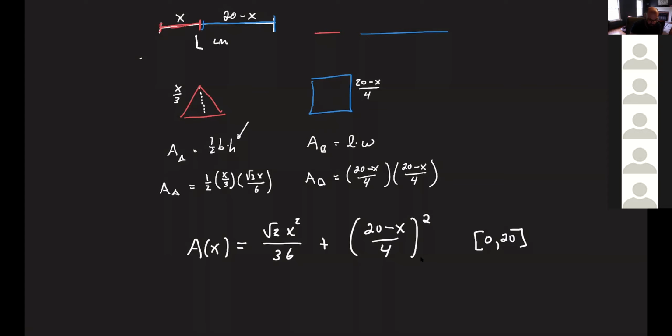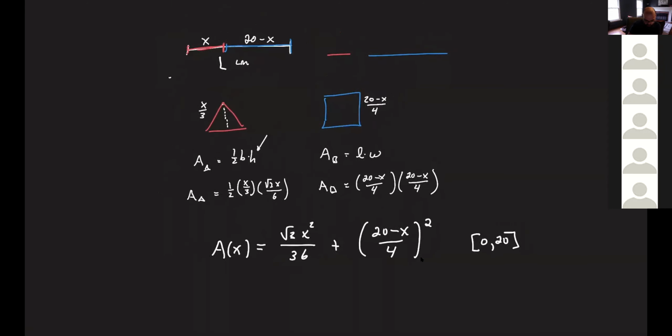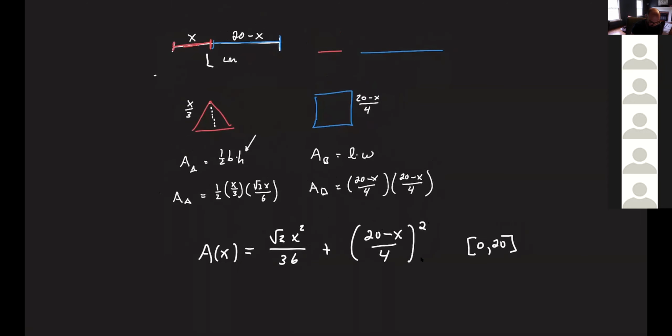We have this number up here, 20, so I have to move this so I can rewrite. This would become L minus X. You have some length of wire, and then this down here would become L minus X, and these would all become L's.